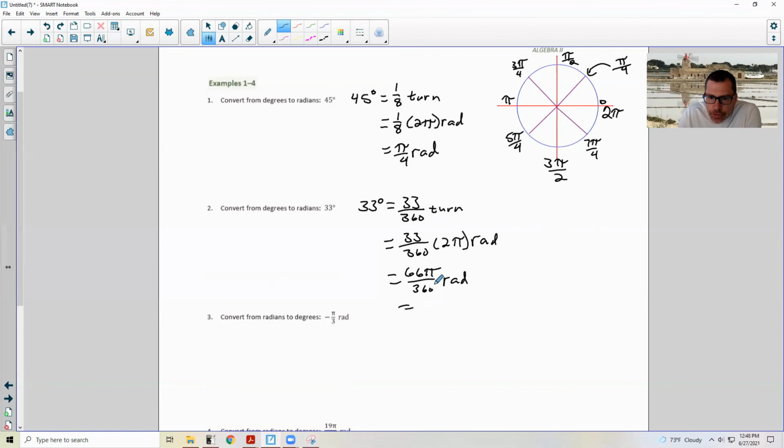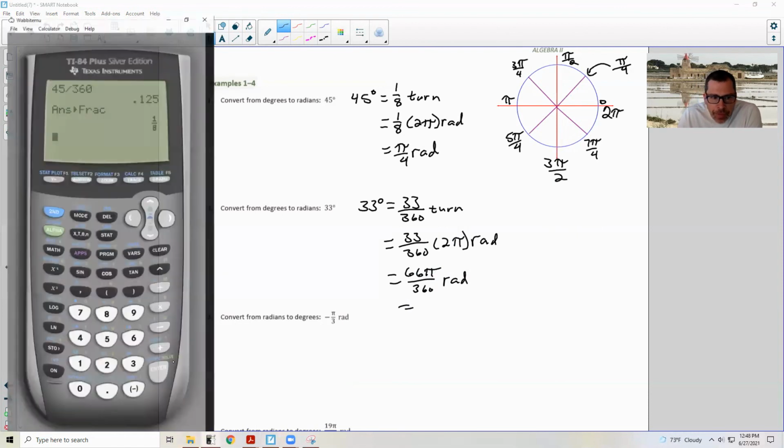Half of 66 is 33, and half of 360 is 180, so we can reduce this down.